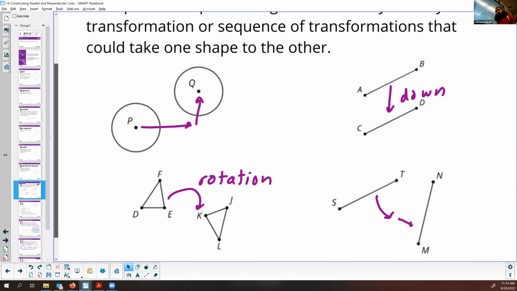It took a little while to get the right word, but you were able to come up with the fact that this triangle DFE rotates to give me triangle JLK. And finally, we get that these two last lines, a little bit of a rotate, a little bit of a slide. So we've learned how to do a lot of stuff so far.